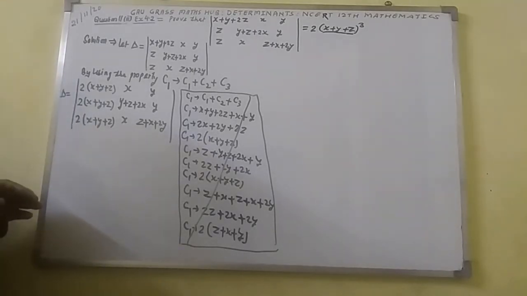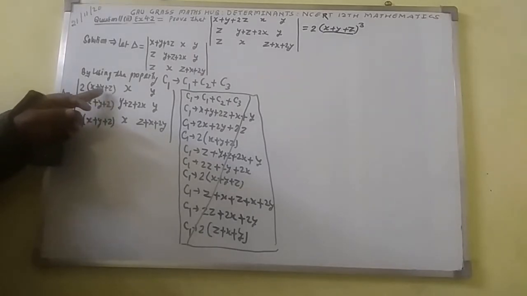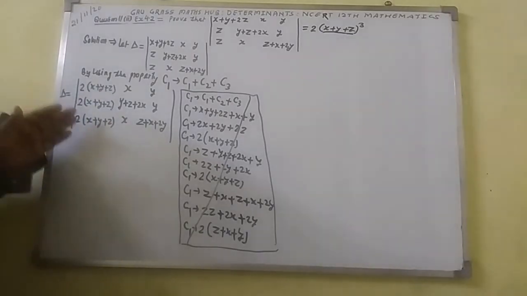So here I can easily take out 2 dot x plus y plus z as a common from the first column.